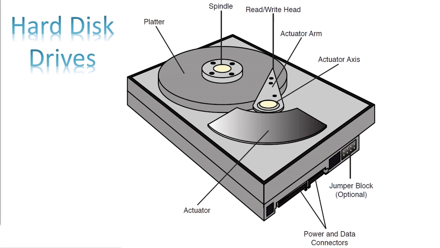Hard disk drives, or HDDs, are the most common form of magnetic media that you will encounter. A hard disk drive contains one or more platters with a magnetic surface. Data is recorded to the disk by magnetizing material directionally to these platters.